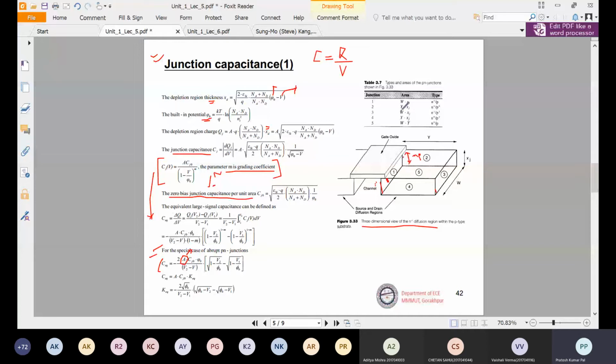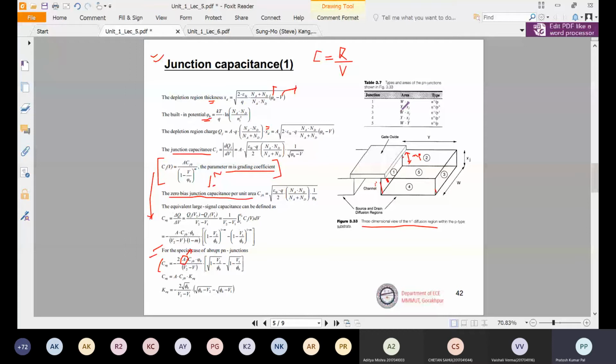Similarly the third face will be xj into width, and similarly the fourth one. Finally the bottom one will have y into W.